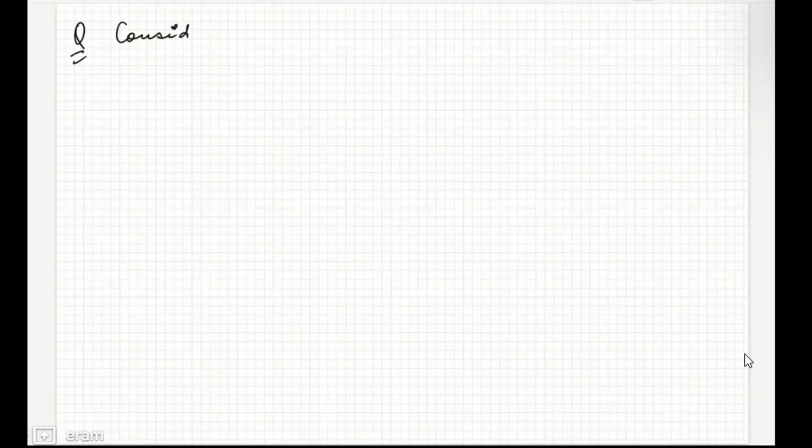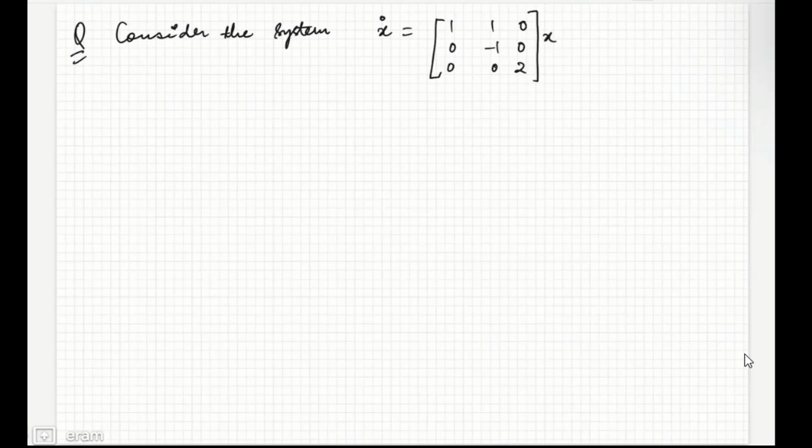Consider the system x dot equals the matrix with rows (1, 1, 0), (0, -1, 0), (0, 0, 2), into x.